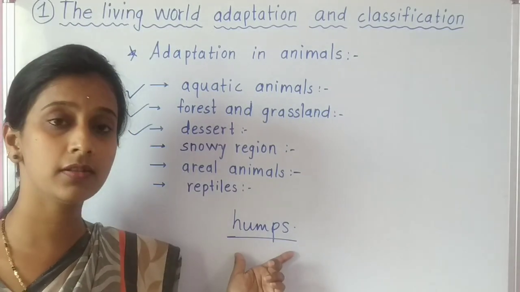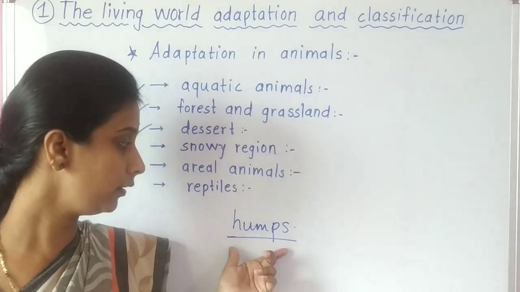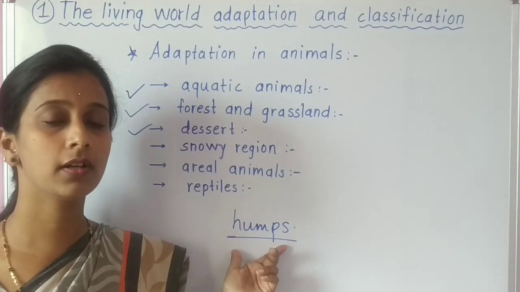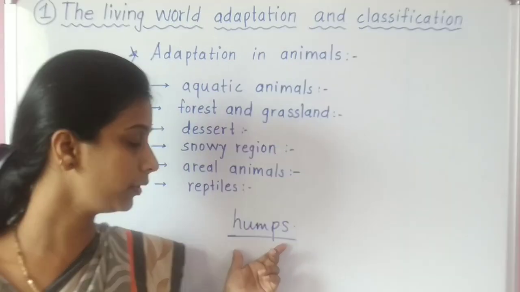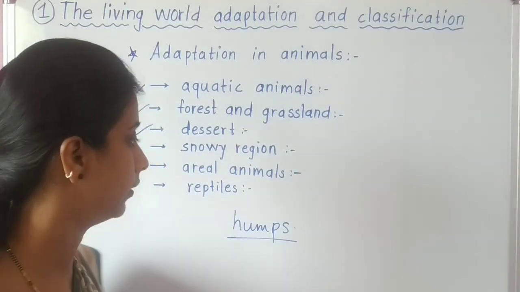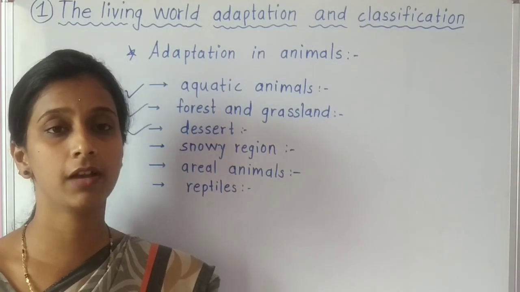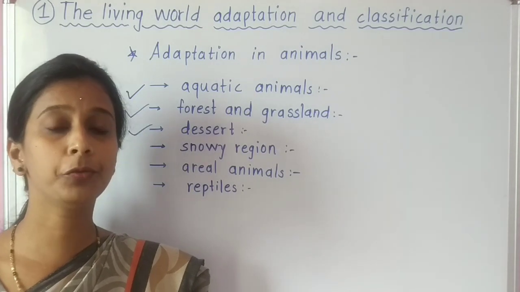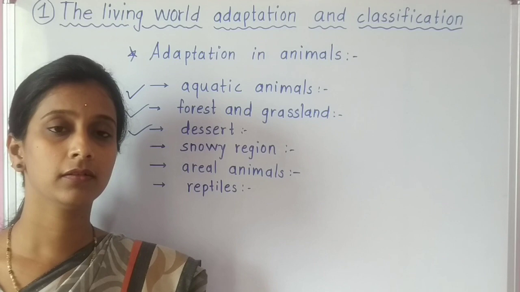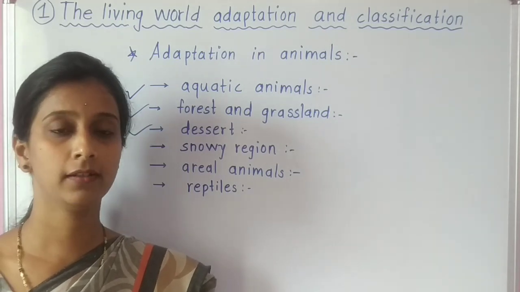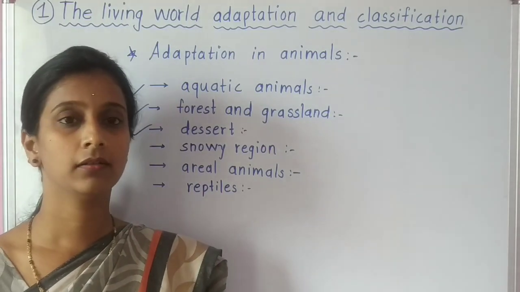This is a very important adaptation that takes place in camels. They have an organ called a hump, in which they store their food and water. This is another adaptation. Also, the animals present in the desert region have long legs to run on the sand, and while walking through the sand, to prevent heat, their paws are padded.